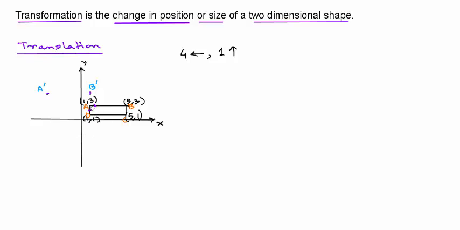And similarly, the new position for this point D is 1 minus 4, which is negative 3 again, and then 1 plus 1, which is 2. So this is C prime and this is D prime. So the whole rectangle would shift like this.